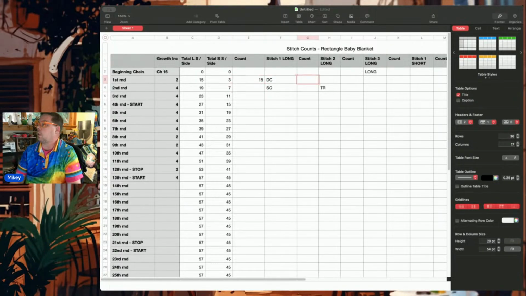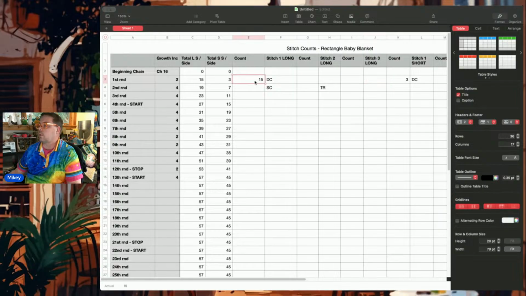It's the same number, and the short side was 3, and it's DC. Okay, so let's get these smaller.